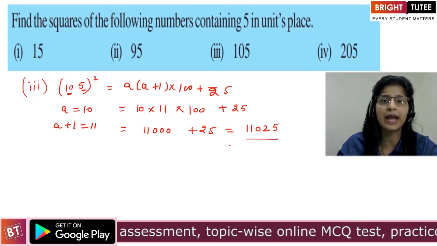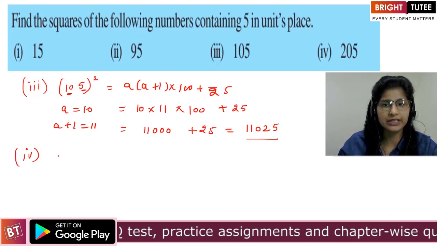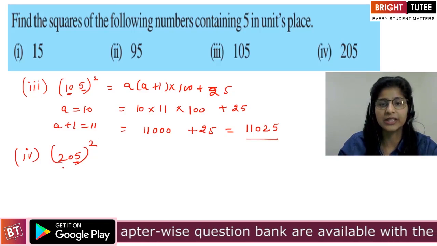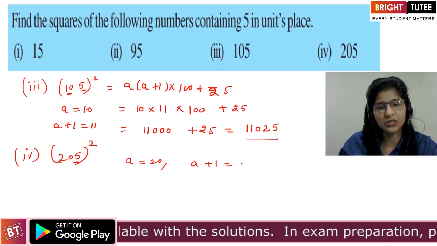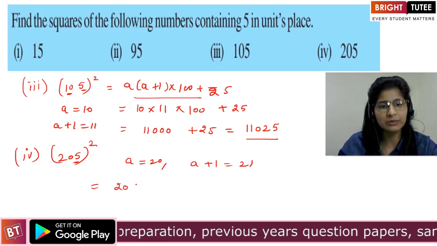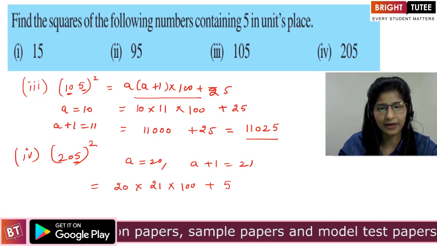Directly we got the answer, without multiplying 105 with 105. Fourth part, it is 205 square. So except 5, what are you left with? It is 20. So here A is 20. A plus 1 is 21. Right, so putting in this formula, we'll get 20 multiplied with 21 multiplied with 100 plus 25.